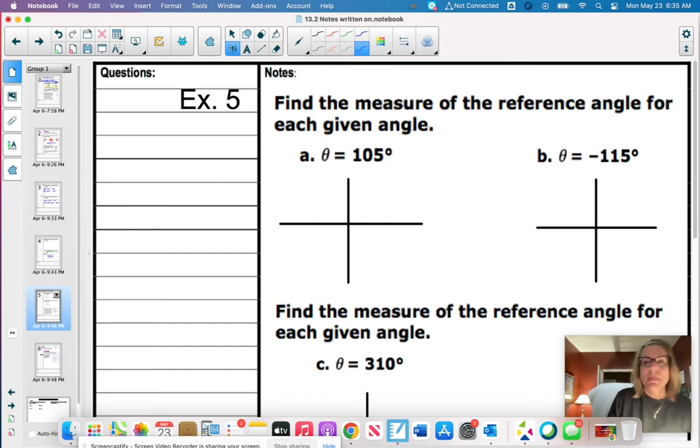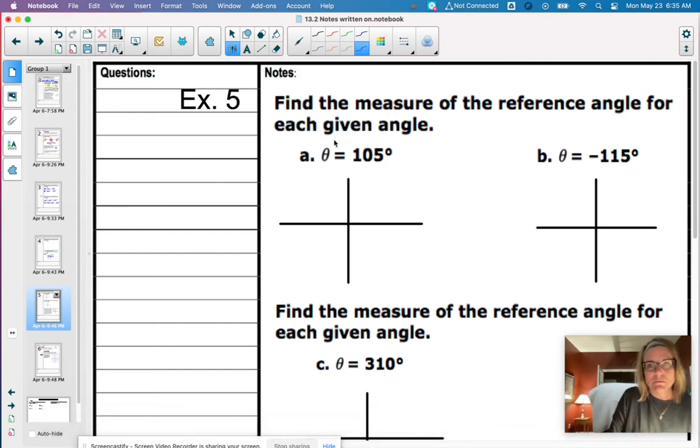Example 5. Find the measure of the reference angle for each given angle. So first of all, let's draw our picture. Here we go. There's our initial side, 105. Well, I'm going to travel up 90 and a little bit more. There it is. Drew my angle.